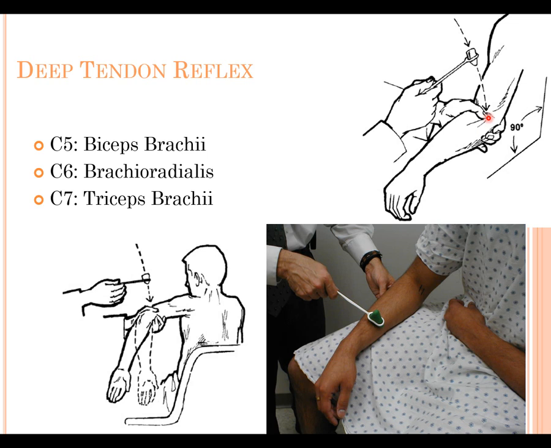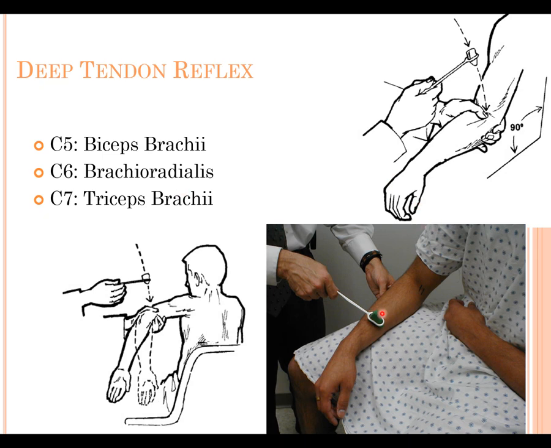You're not going to get some big jerky movement like you're going to get in the lower extremity. Like when you do patellar tendon, it's an obvious reflex. In the upper extremities, they are way more subtle. But with your thumb over the tendon, when you hit your thumb, you can actually feel the bicep tendon twitch. So it's not some big crazy flexion, but you will see some supination occur if you do it correctly.